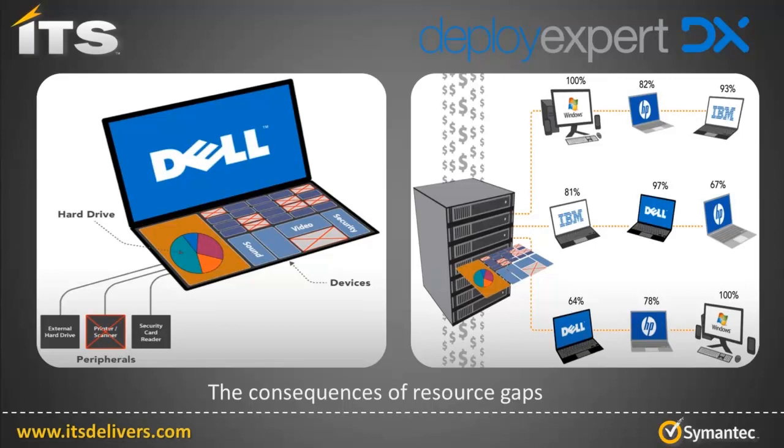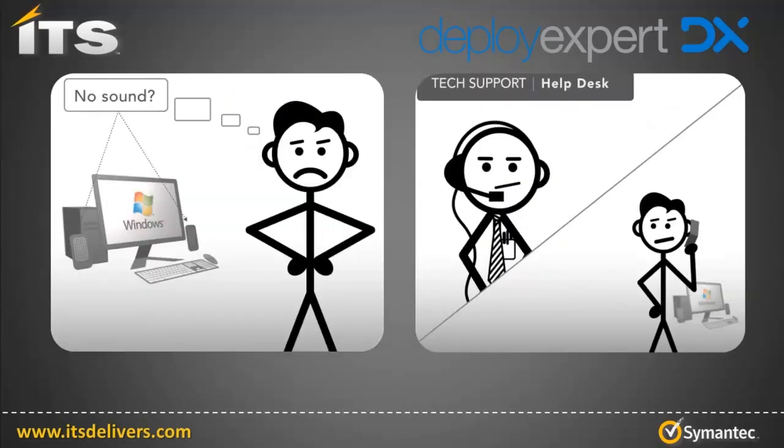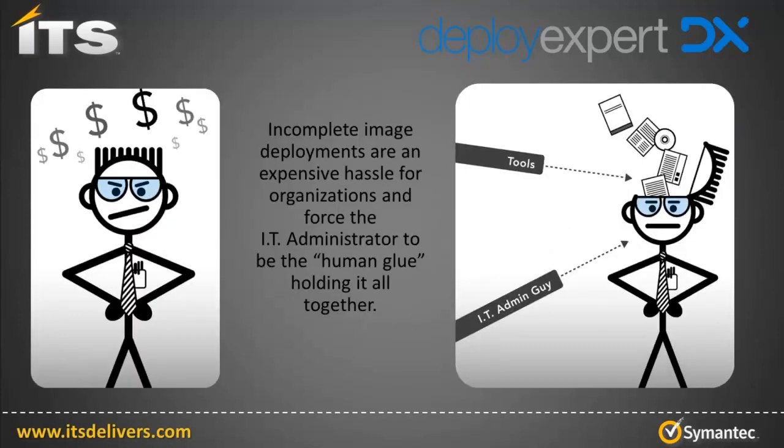What makes things difficult with that, though, is we as IT, whenever you deploy an image to a system and it doesn't have sound, there's a phone call that's made to the help desk, and the help desk then basically tries to figure out exactly what the issue is, and then the next piece that steps in here is you have an incomplete image. And we as IT administrators tend to be the fix to those problems. So we end up creating a new software delivery package or a new software package from somewhere and deploying the drivers for that specific device to that one individual at that time.